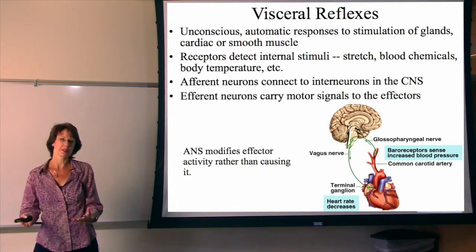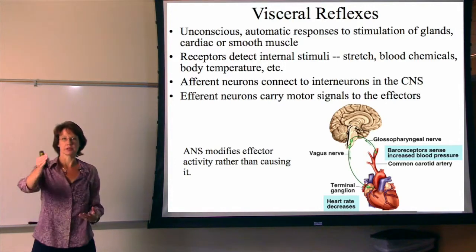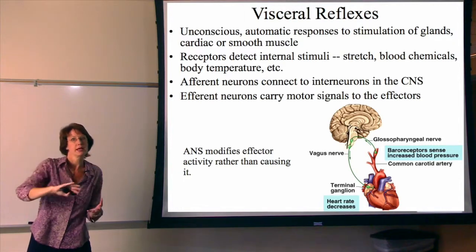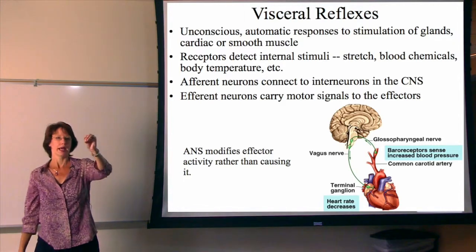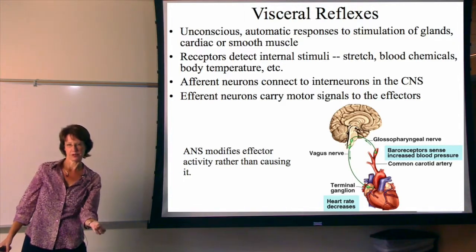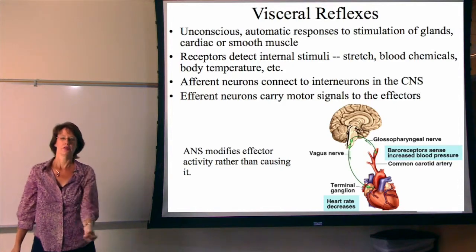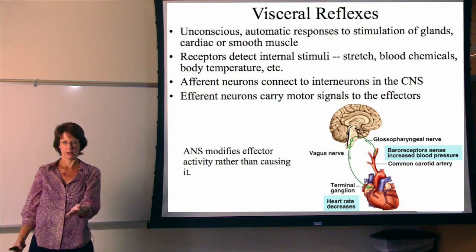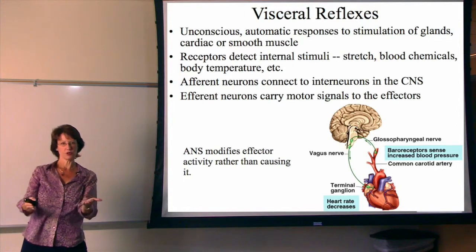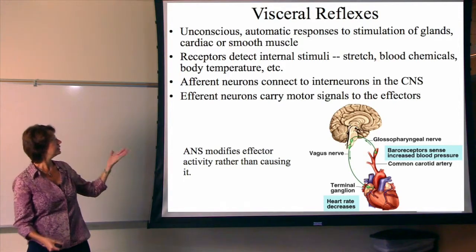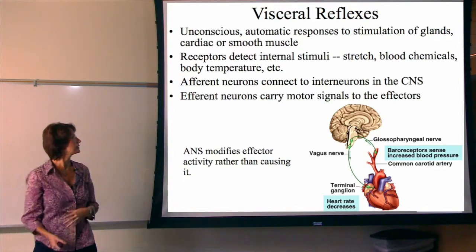Conversely, it can do the opposite. If the blood pressure is too low, the signal goes to the central nervous system saying your blood pressure is too low, and then the efferent fibers of the autonomic nervous system are then raising it back to what it should be. So it's always trying to maintain a homeostatic balance via these visceral reflexes.